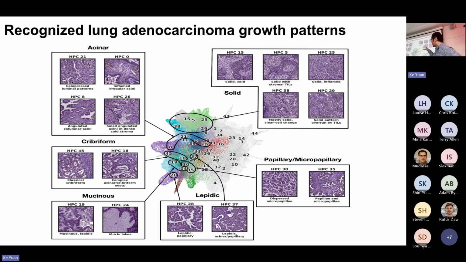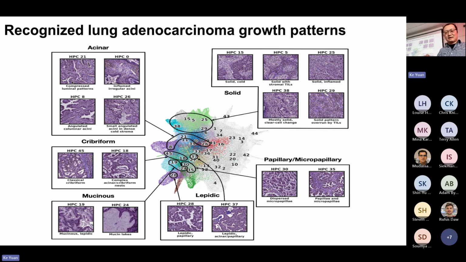When we look at the left area of our UMAP, we find these clusters are highly concentrated with epithelial or cancer appearances. And we find that all 6 classical growth patterns are recapitulated in those clusters.